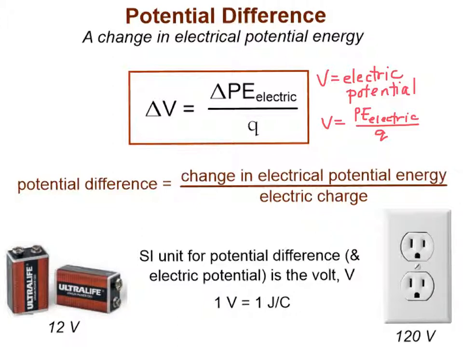So when we look at something like this battery, we're talking about the change in the electrical potential between these two terminals. For this battery, it's 12 volts. Some batteries, it's less than that. In this wall outlet, the change in electrical potential between these two slots is 120 volts.